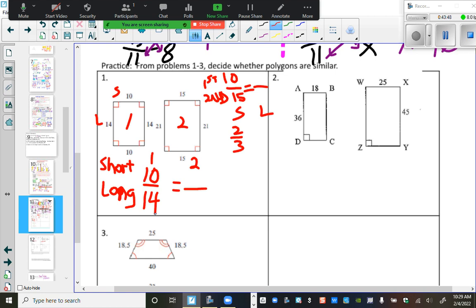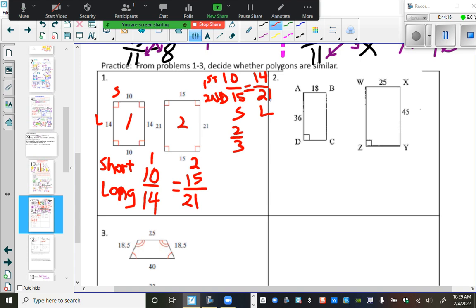And then for this one, if you look at the second one, you want 15 over 21. Or, if you went the larger side, 14 over 21, that's okay too. These are both acceptable proportional setups.